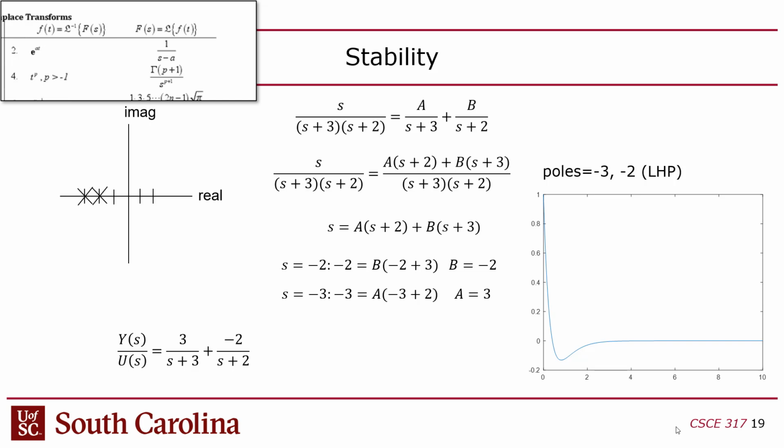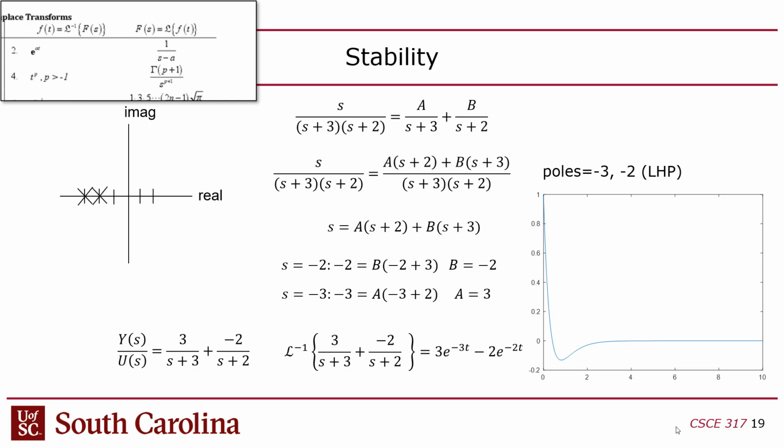I just changed the sign of one of the poles, and that would be a stable function. And then I did the inverse Laplace transform, and this time I got, again, a sum of two exponential functions, but the exponents are negative. They both have negative coefficients.